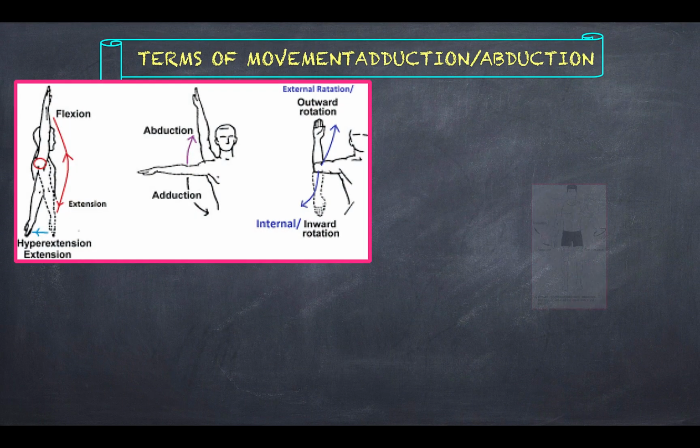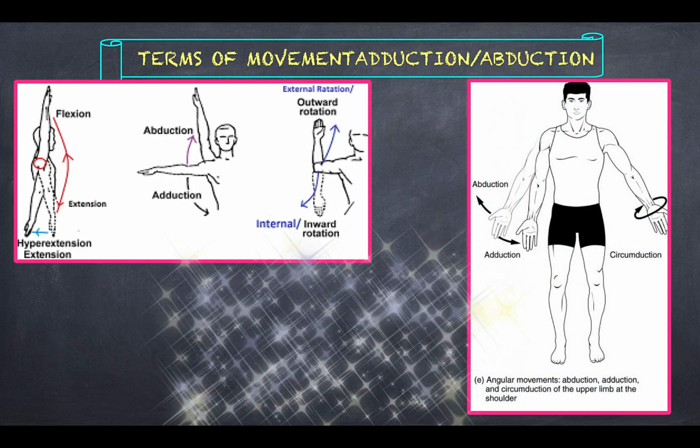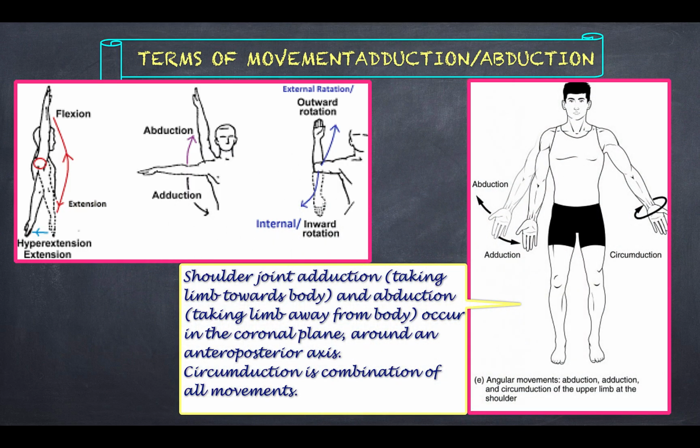Now adduction and abduction are shown in the shoulder here, all in this diagram: flexion, extension, adduction, abduction, and you rotate also sometimes. You can feel the humerus rotating laterally and medially in the long axis. In circumduction, we describe a circle when we combine all the movements together.